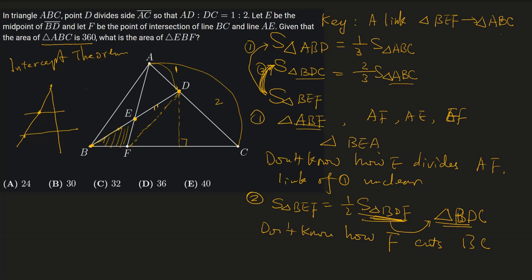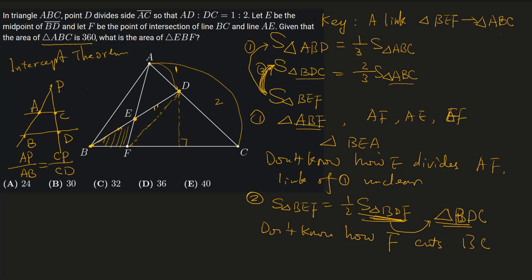Suppose that two lines intersect these two parallel lines at the points A, B, C, D. And let's say this point is P. Then we know that AP to AB equals CP to CD. We call this the Intercept Theorem.